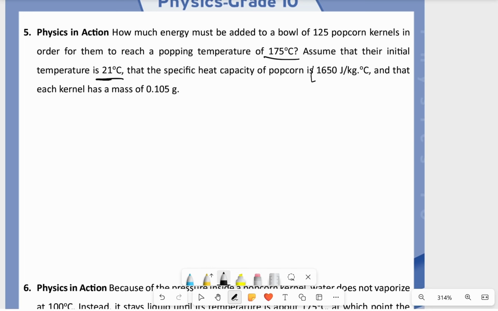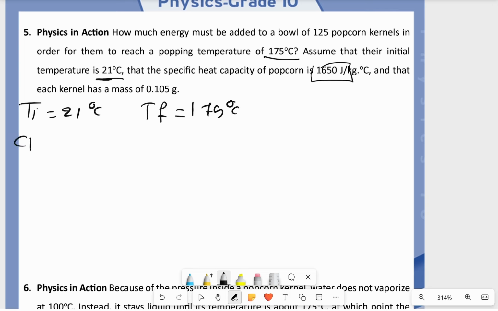that the specific heat capacity of popcorn is 1650 joules per Celsius, and that each kernel has a mass of 0.105 grams. First of all, we have T initial, which is equal to 21 Celsius. We have T final, which is equal to 175 Celsius.